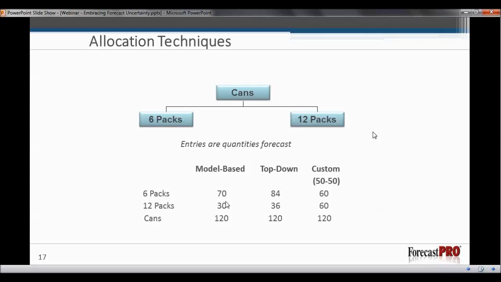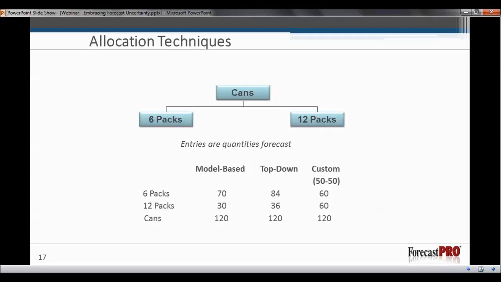So 70 plus 30 is 100, so we're going to do 100%. 70% of 120 is 84. 30% of 120 is 36. So we would adjust 6-packs to be 84, 12-packs to be 36, and they would sum to 120. I'd be able to utilize this combined effort to try to eliminate some of the uncertainty I have in the data at the low volumes.